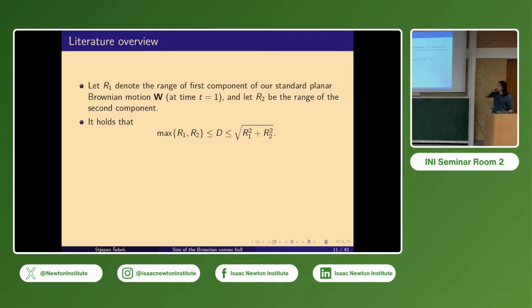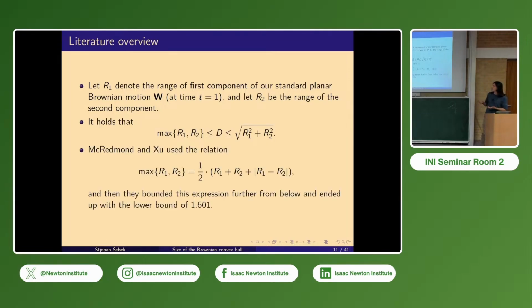Okay, and so what did they do after that? Well, they comment on the fact that already Feller knew the density function of the range of one-dimensional Brownian motion, but as you already saw, the shape of the density is a bit messy. This is this infinite sum. So they decided not to work with that.